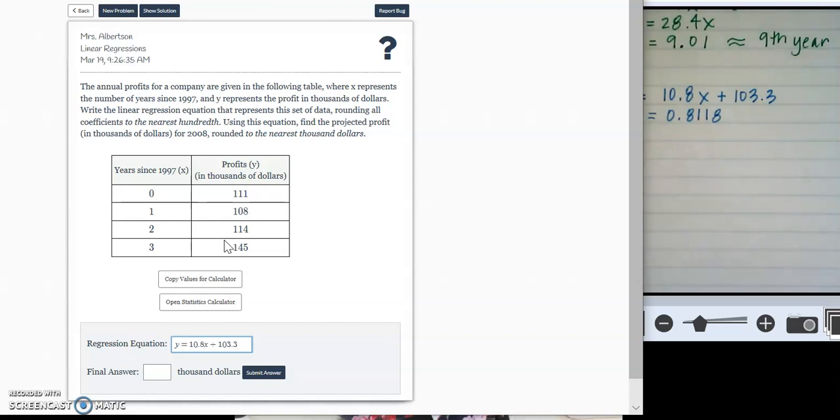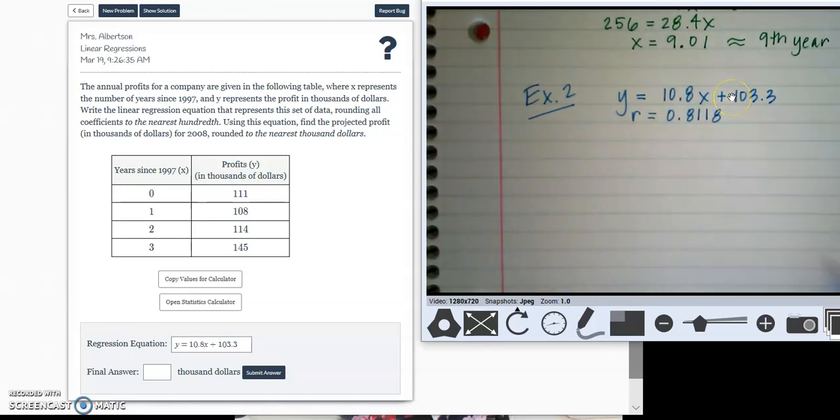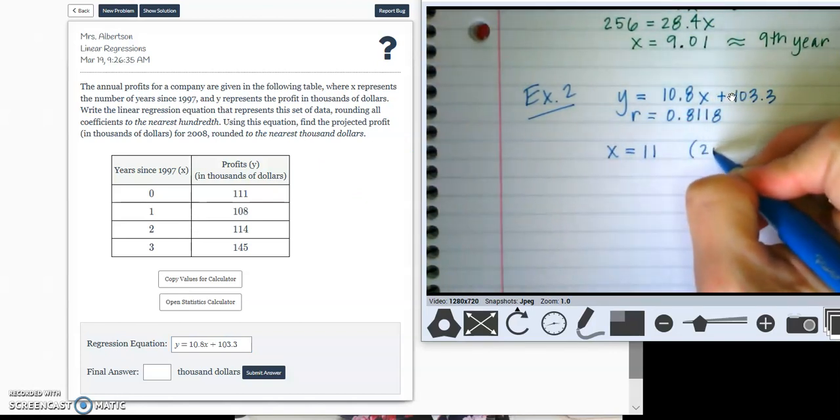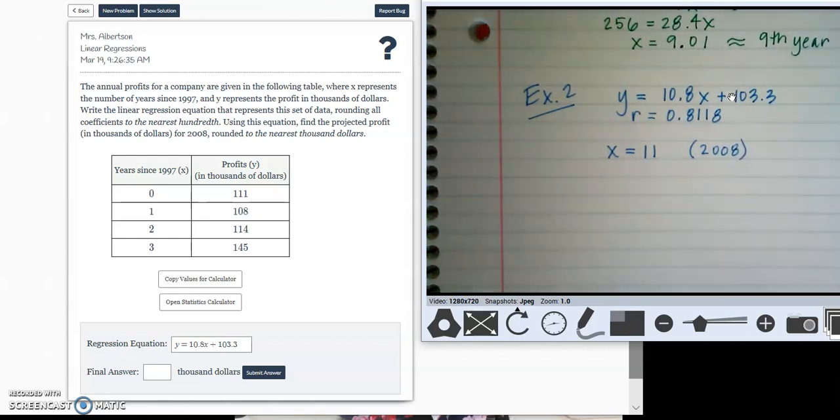So if we think about 2008 compared to 1997, all that we need to do is subtract. What we're looking for is the X value of 11. So going back over to the paper, I know that 11 is going to represent 2008.